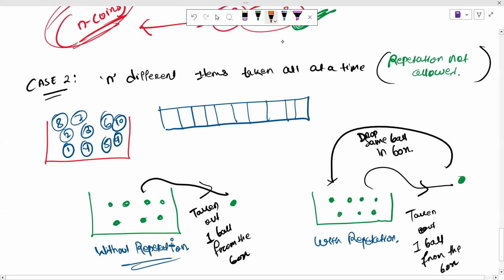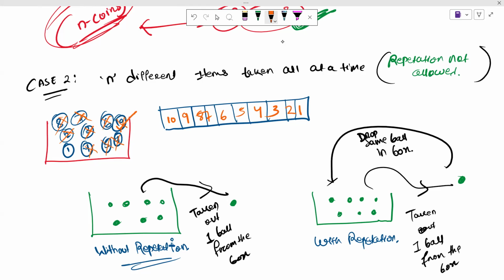If I pick one of the 10, then 9 balls remain. Once that ball is taken, 8 balls remain, then 7, then 6, 5, 4, 3, 2, and at the end 1.